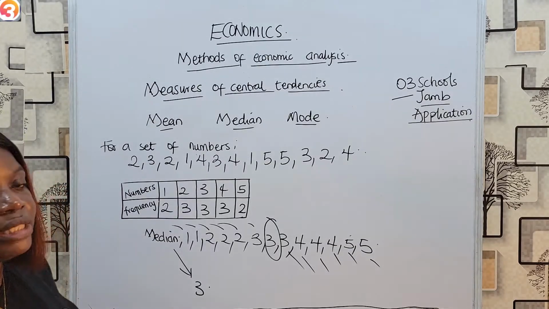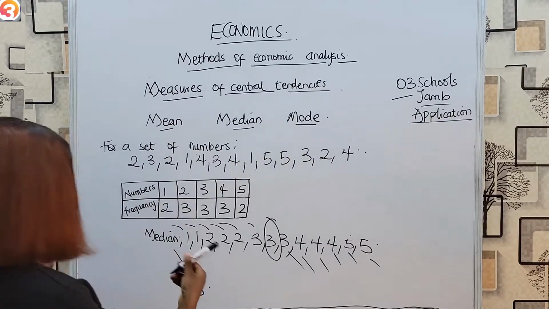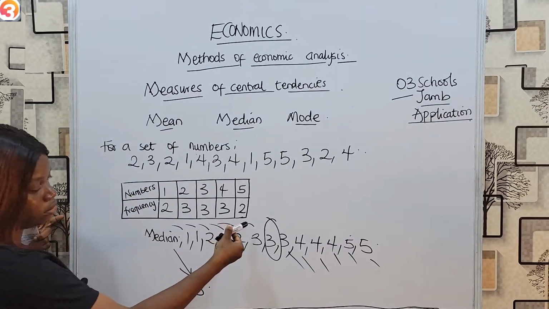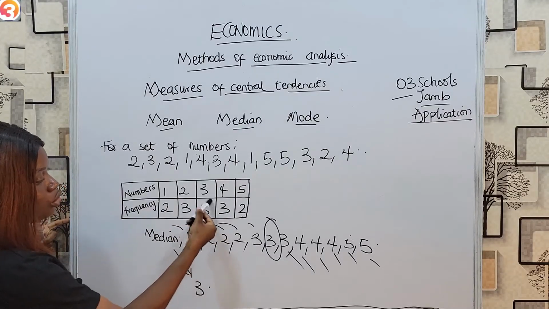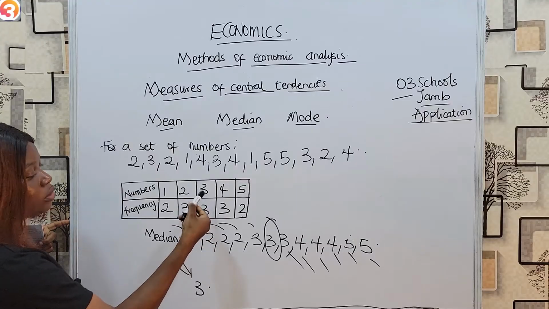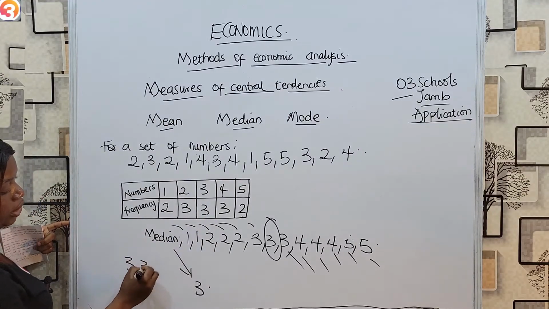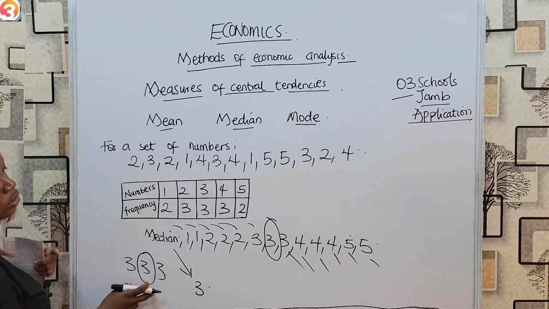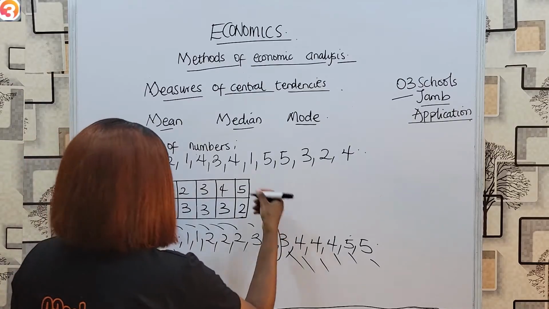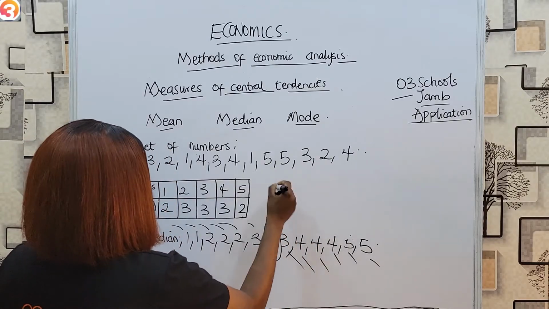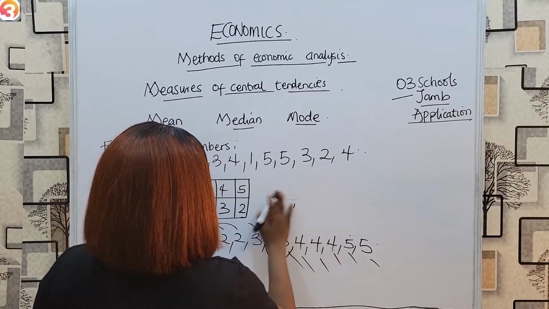If we're using the frequency table to calculate, the total is 13. So 2, 2, 3, 3. You know that the middle number is here, and then we have 3, 3, 3. The middle number is 3. You can still use the summation calculation.